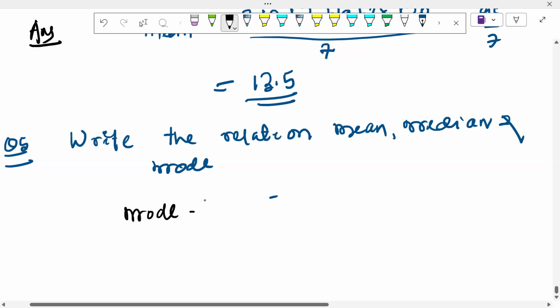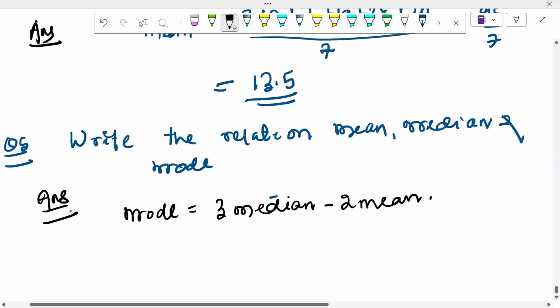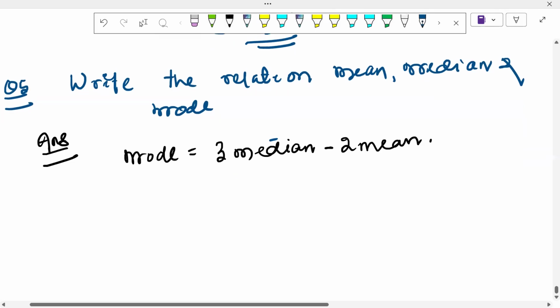Yes. Mode is equal to 3 median minus 2 mean. That is the relation for unit 1, whatever is given in the statistics, unit 2.